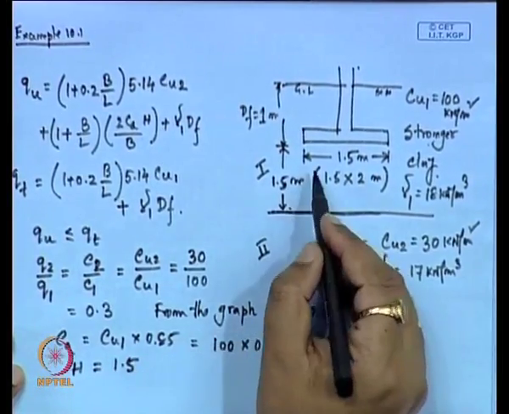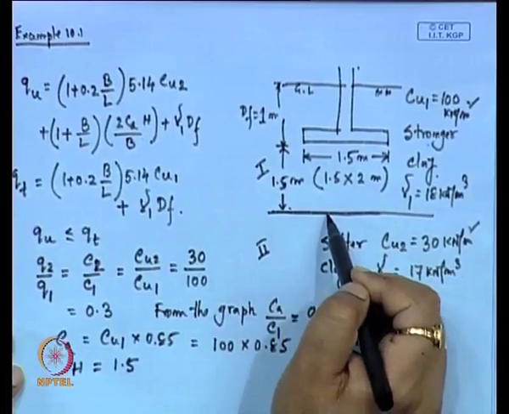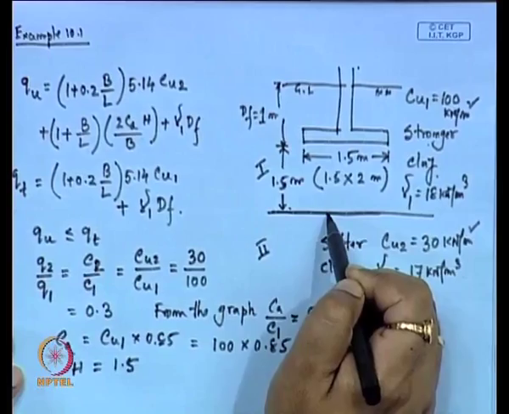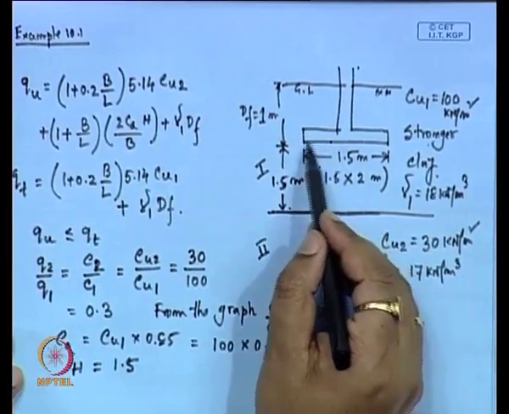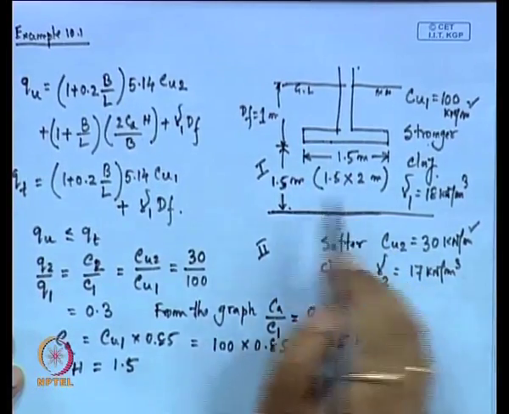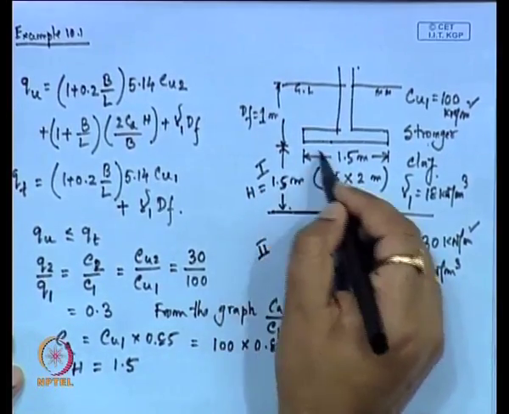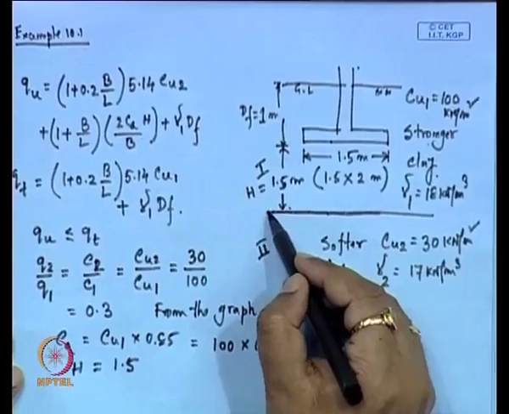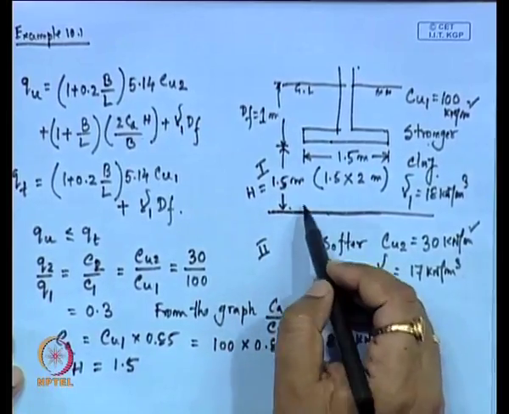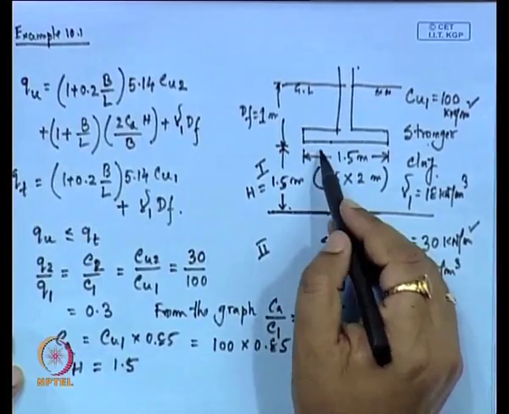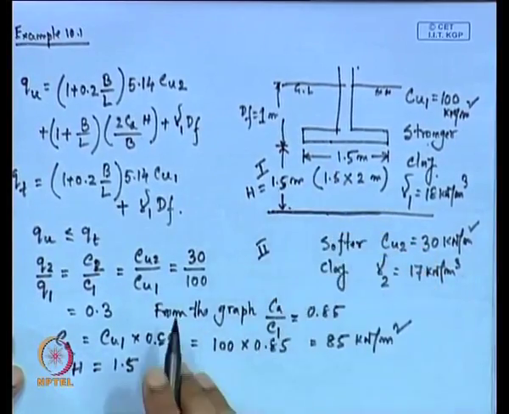This H value is basically the depth of the second layer, the starting point of the second layer from the base of the foundation, that is equal to H. So, in this case, H is equal to 1.5 meter. So, the starting point of this second layer is 1.5 meter below the base of the foundation.